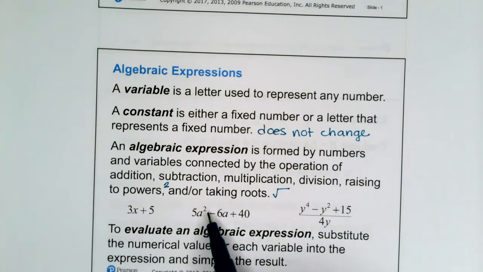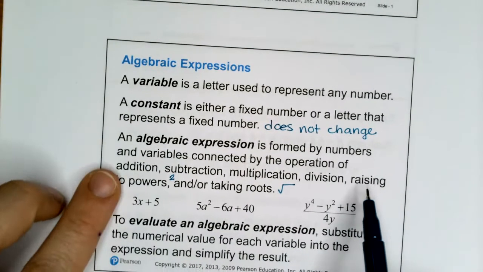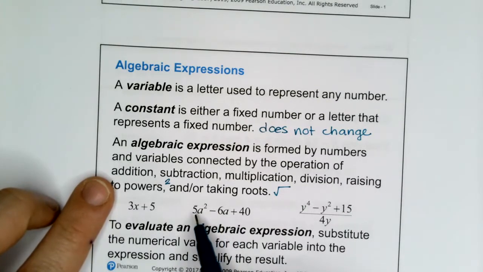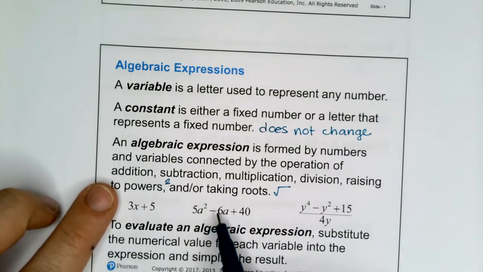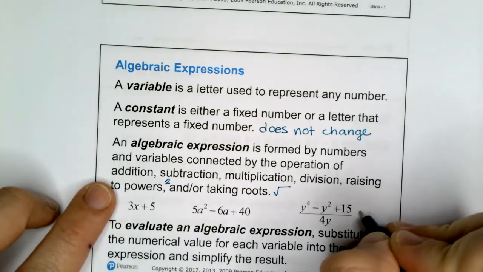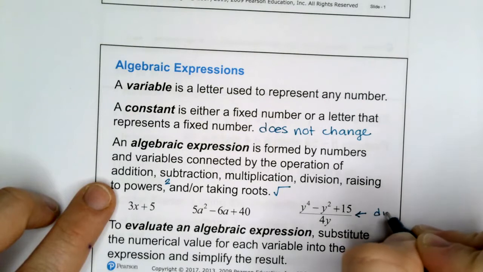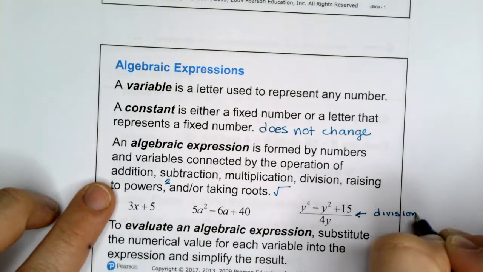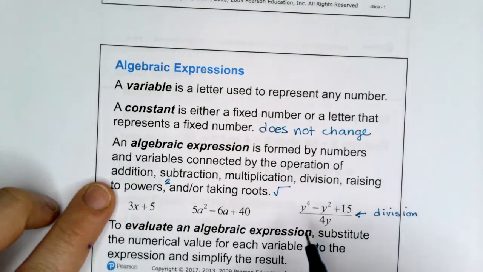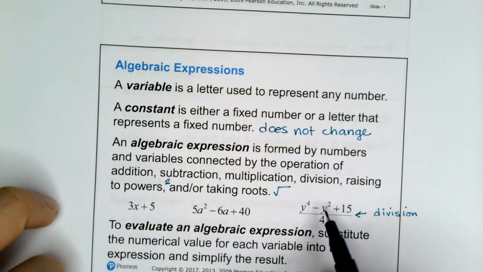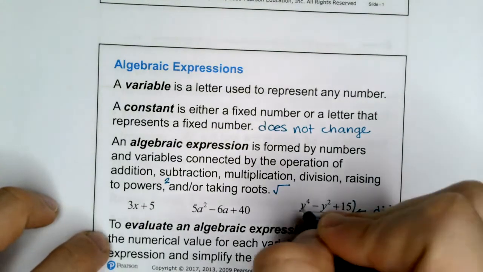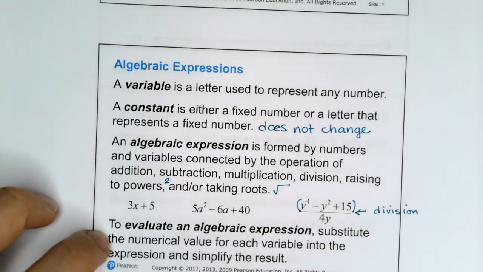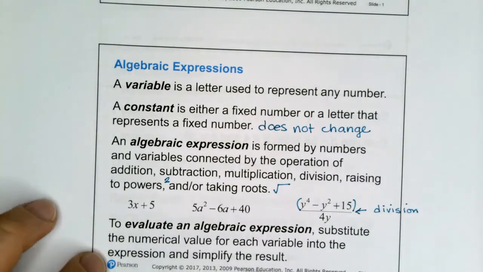Here we have a number raised to a power, so it would be raised to the second power, multiplied by 5 minus 6 times that same number plus 40. Here, the fraction bar is also a division symbol. So anytime you see a fraction, you're just seeing a division problem. So here we have a number raised to the 4th power minus that same number raised to the 2nd power plus 15, all that quantity over 4 times that number. That's how we would say that one.